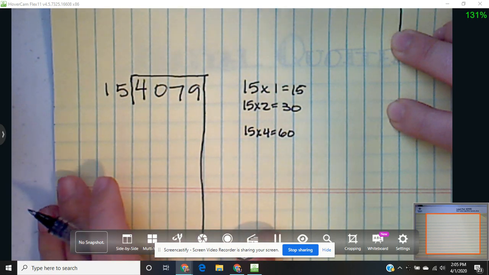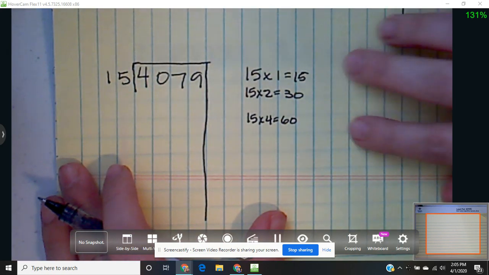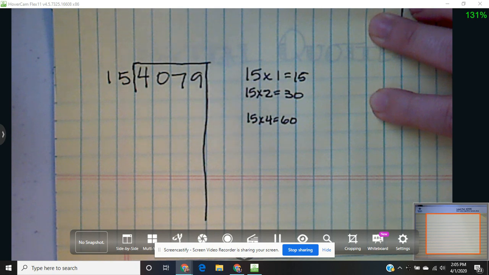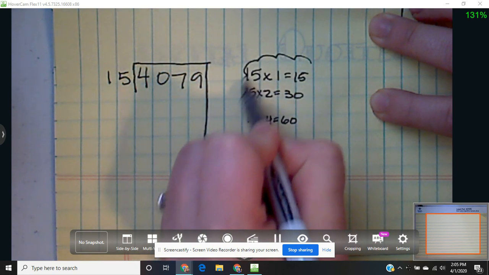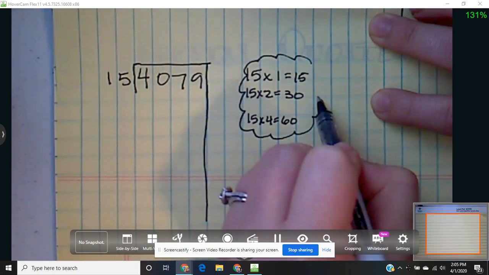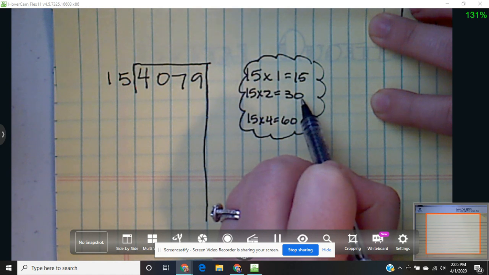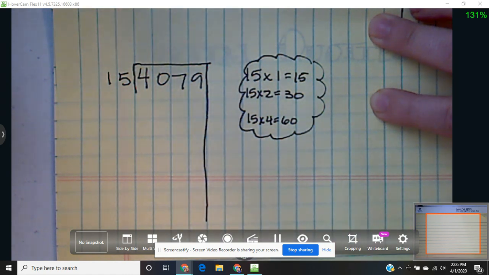And I make my big 7 or my hangman, whichever one you want to think about. Okay, in my brainstorm, I see that 30 is 15 times 2. Now, if I only take two groups out, we could do that, but it's going to take us a very long time.